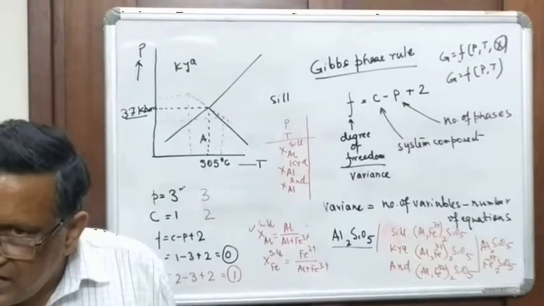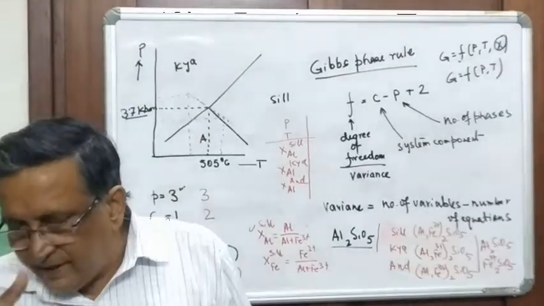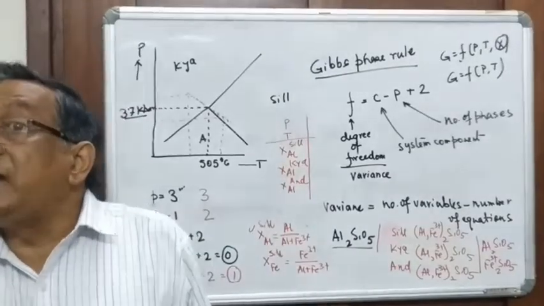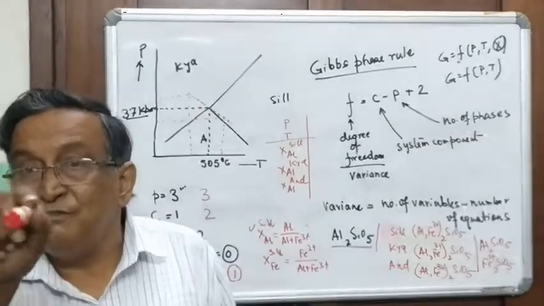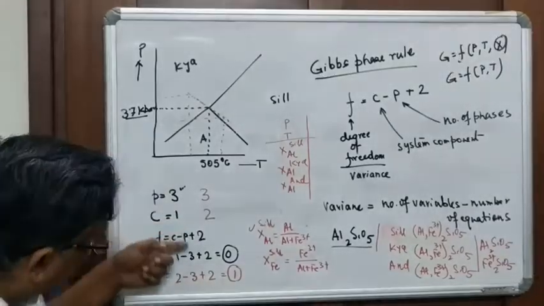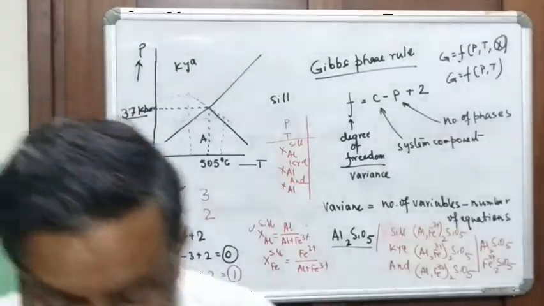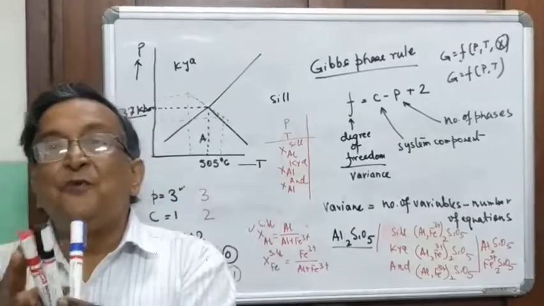If your teacher had asked, what is the variance of coexisting sillimanite, kyanite and andalusite in the Al2SiO5 system, he has told you the system. And then this works. But if he has not, then I have many pens and I don't know which to use.